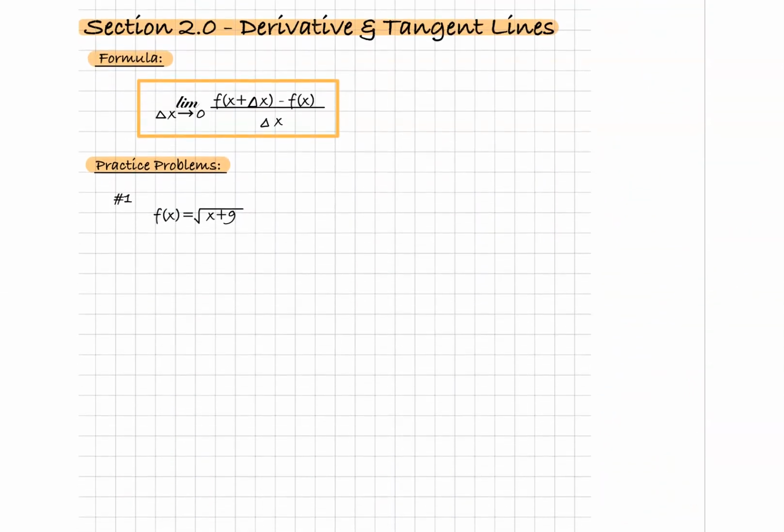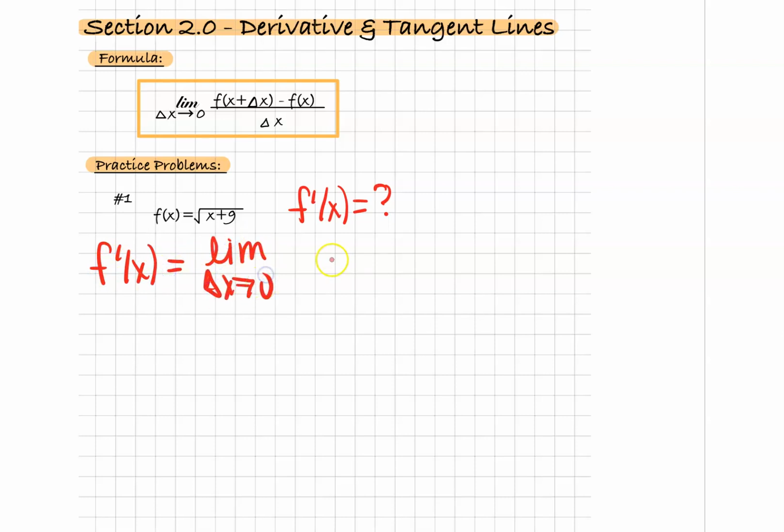So there's our formula, the limit of delta x going to 0. And this time, I want to do this practice. I want to look at finding the derivative of this function. So that means f prime of x is going to be equal to the limit as delta x goes to 0 of f of x plus delta x minus f of x all over delta x.